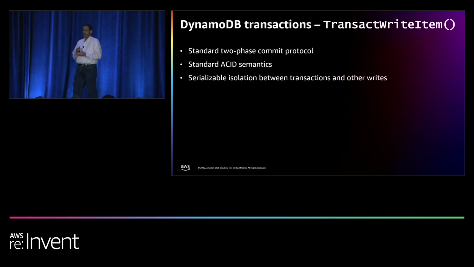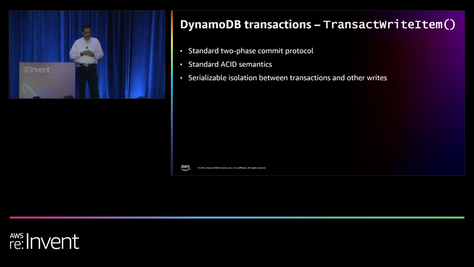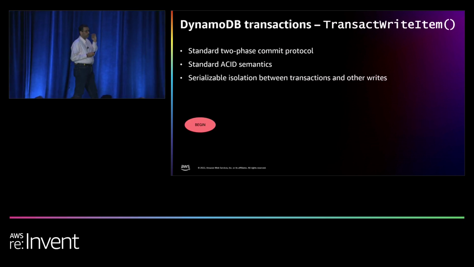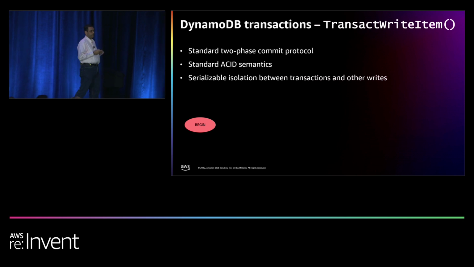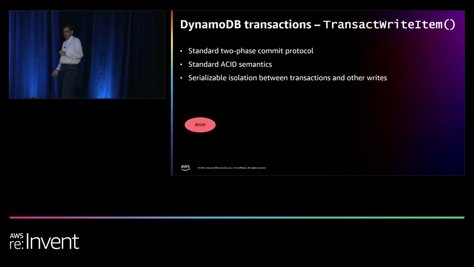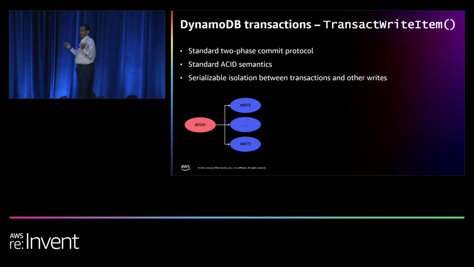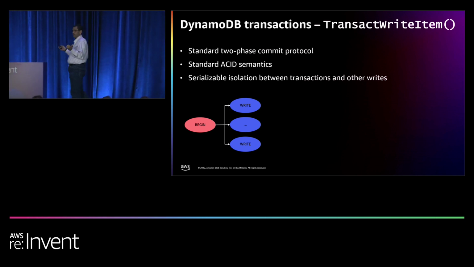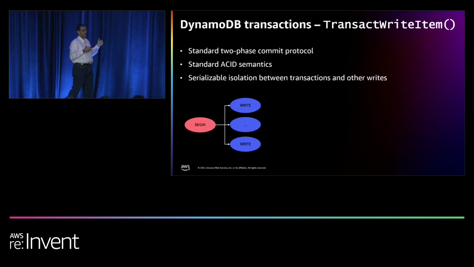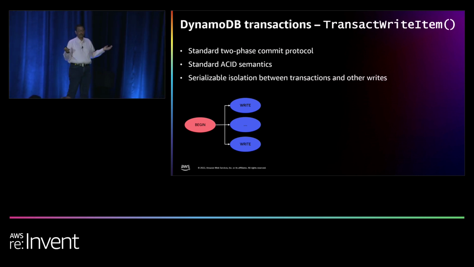The way in which two-phase commit works, and we get standard ACID semantics as a result, is that every request to do a write to multiple items starts with a begin. The transaction coordinator comes along, says, you're beginning a transaction. There's a bunch of writes. I'm going to send the writes to the various storage nodes. Now remember, these writes could be to multiple items. For each item, you know in the write what is the partition key being modified, identify the storage node, send it to that storage node. Could be in different tables.